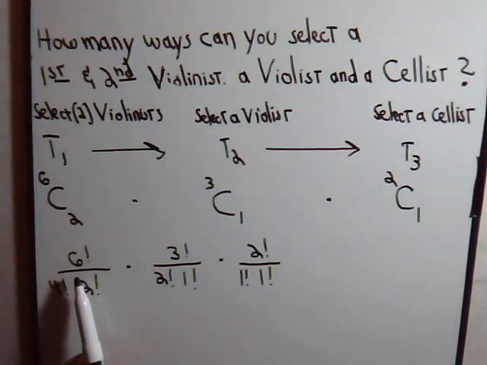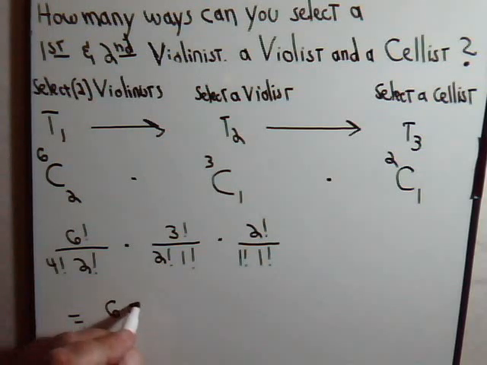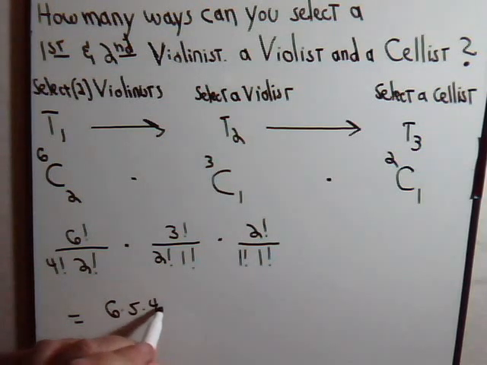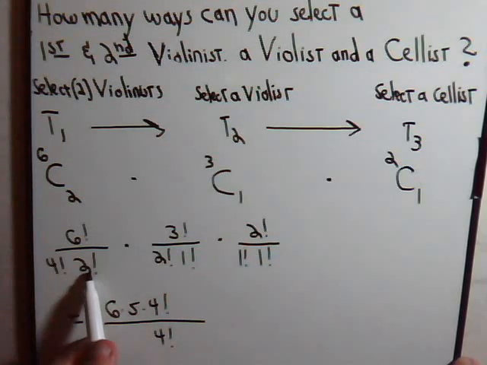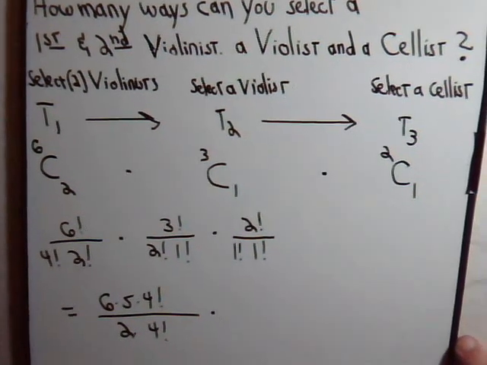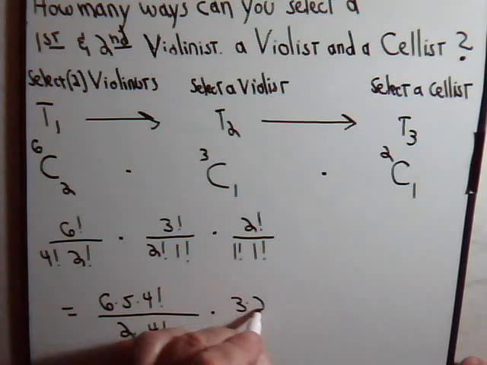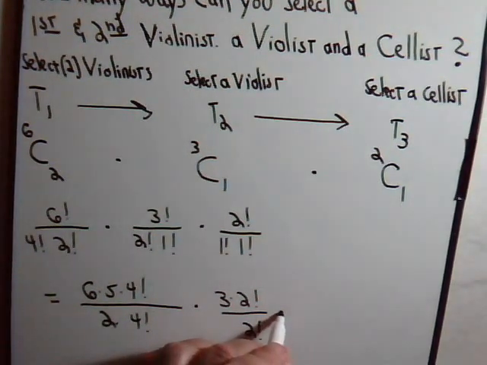So let's see, this is 6 factorial, so this is equal to 6 times 5 times 4 factorial divided by 4 factorial. 2 factorial, that's just 2, times 3 factorial, that's the same thing as 3 times 2 factorial, divided by 2 factorial. 1 factorial is just 1, and then here, that's 1, that's 2.